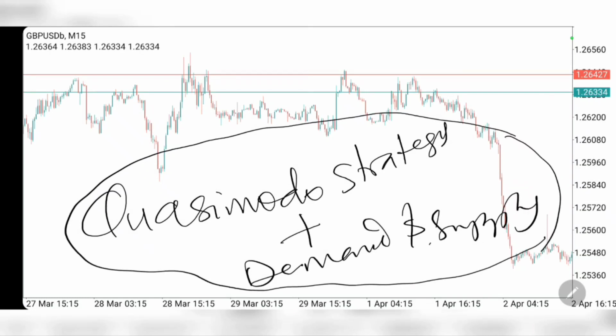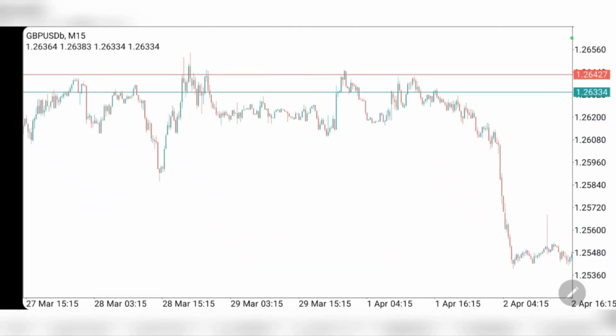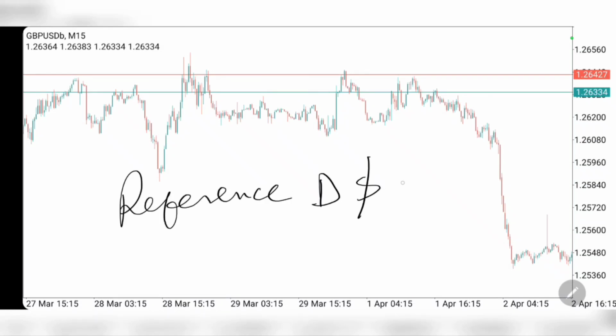And how do I mean? Like the first two, the basic strategy I just drew for you, there is no reference demand or supply zone. So I want to show you how to trade this advanced strategy. In the basic version, you traded this pattern without checking for a reference demand and supply zone. But in the Advanced Quasimodo strategy, before you enter a trade, ask yourself, what is the reference demand and supply zone?